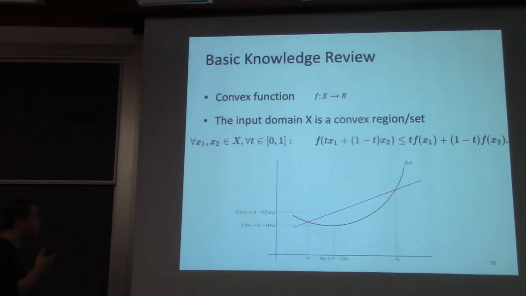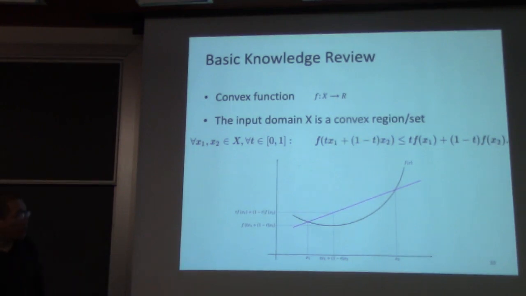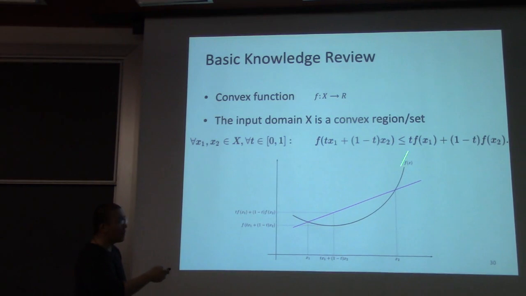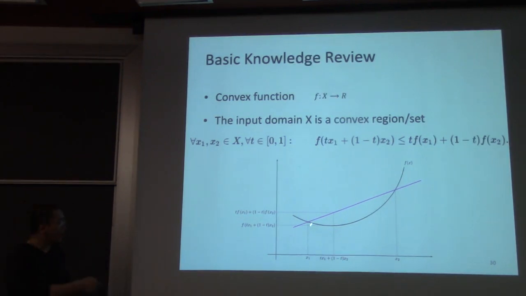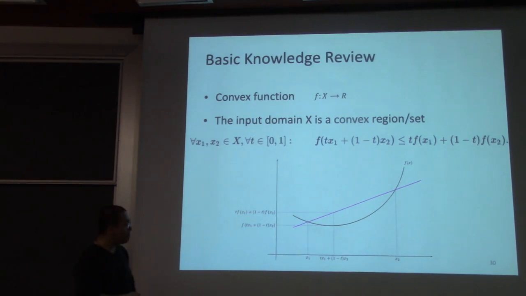And to give a geometric example, a graphic example, this function f(x) is a convex function. How can we justify it? We can pick any 2 points, x1, x2 here, and pick a t between 0 and 1. Then the convex combination of x1 and x2 is in between. It's here. Then the function at the convex combination of inputs is here. So this is the function value.